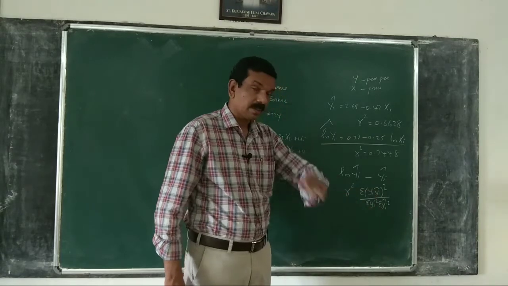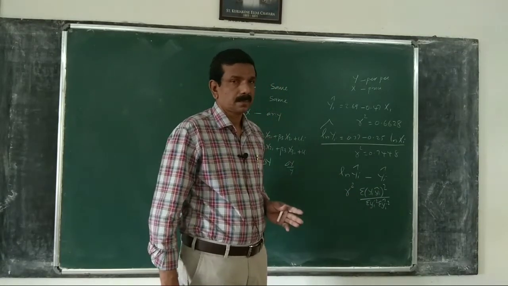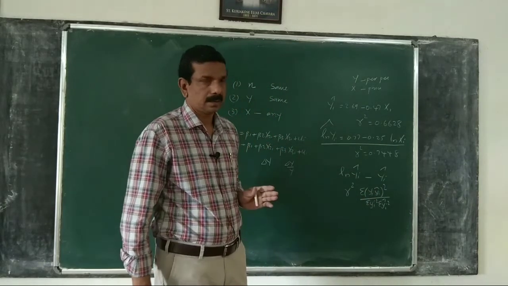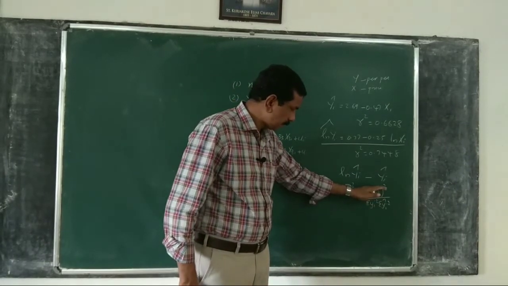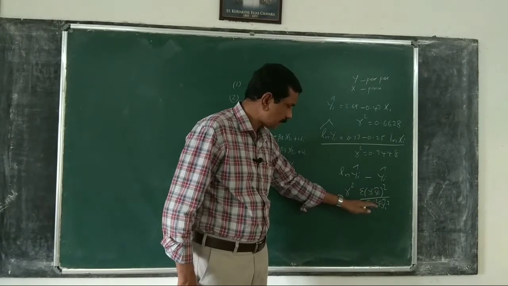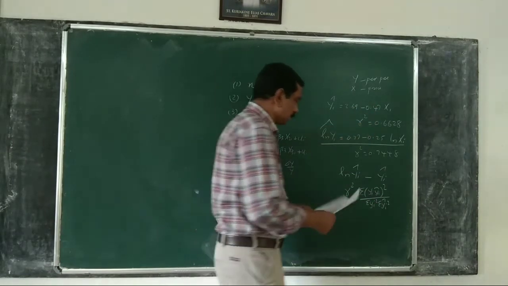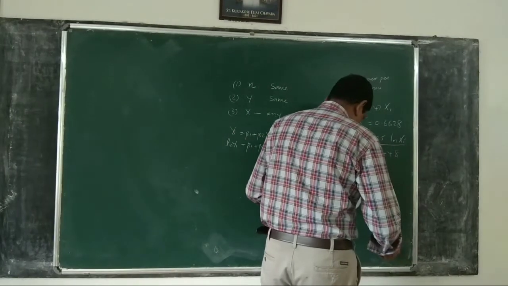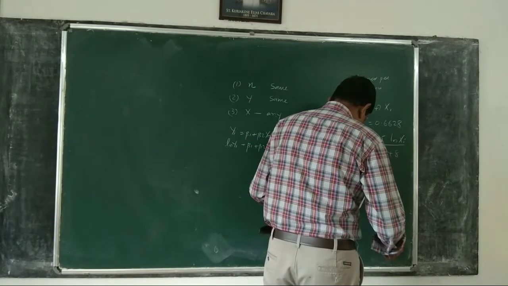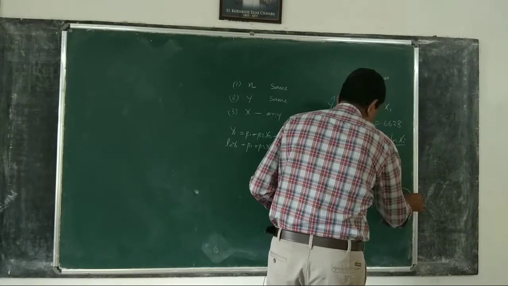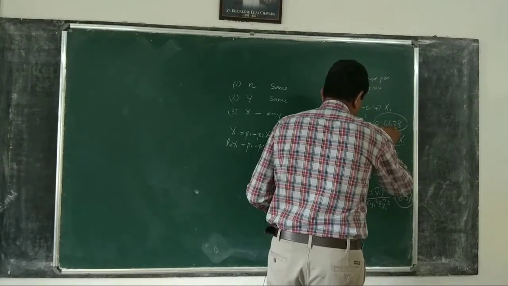The R square we have just derived is directly comparable with this R square. And using this formula, the R square obtained is 0.71. Again, this is a little more than this.